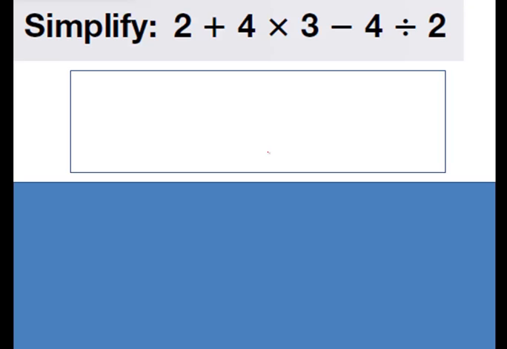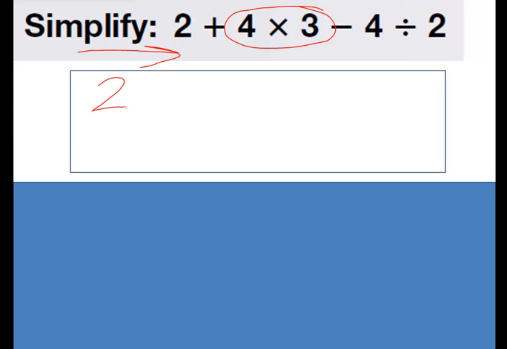So let's go ahead and simplify this one here. First of all, we don't have any parentheses, so we don't have to do that. We don't have any exponents or roots, so we don't need to do any of those. So we can go right down to step 3, which is our multiplication and our division. As we go from left to right, the first thing we come to is 4 times 3. So we're going to do that first.